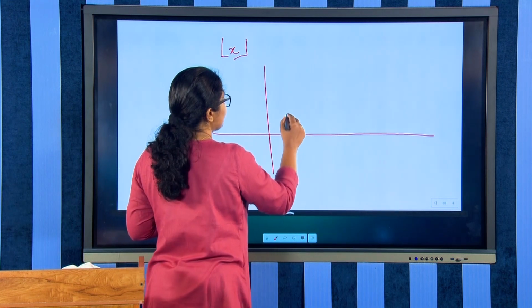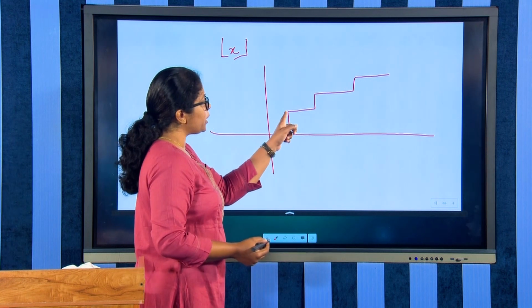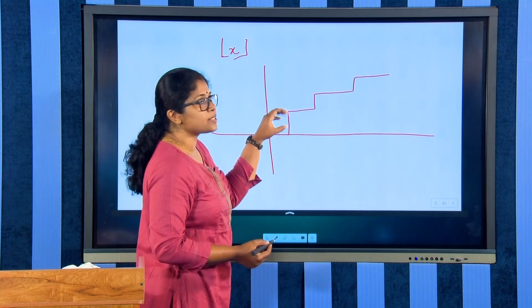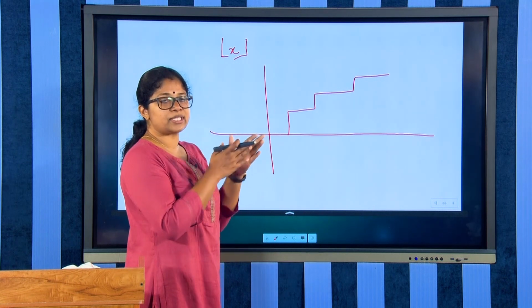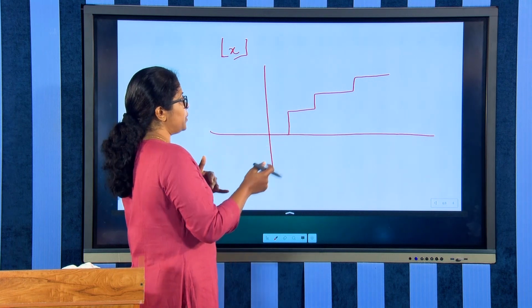It will be something like this, the function graph will be something like this. So, at each point the left hand limit is not equal to the right hand limit, and so there is a discontinuity there, the limit itself does not exist, and so this is an example of a jump discontinuity.